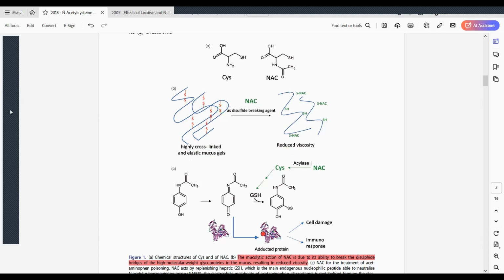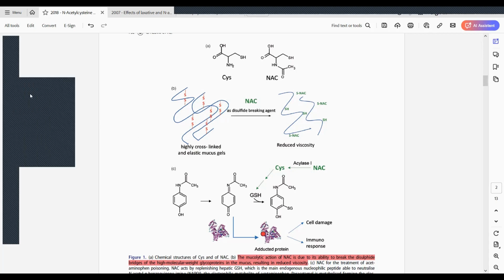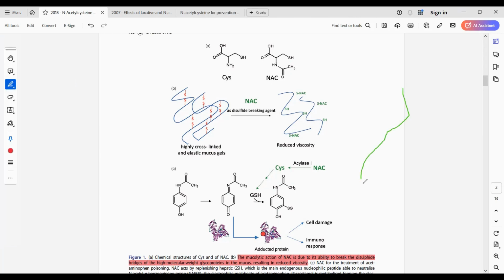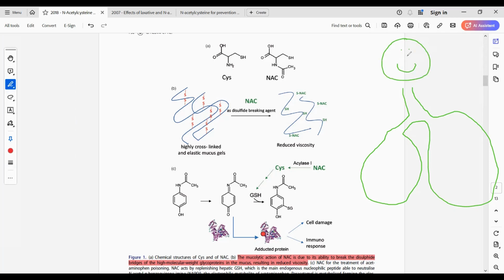And that's important in the lungs because, if we draw a person's lungs here, there's one lung, say, they're like two balloons in our chest. Here we go.